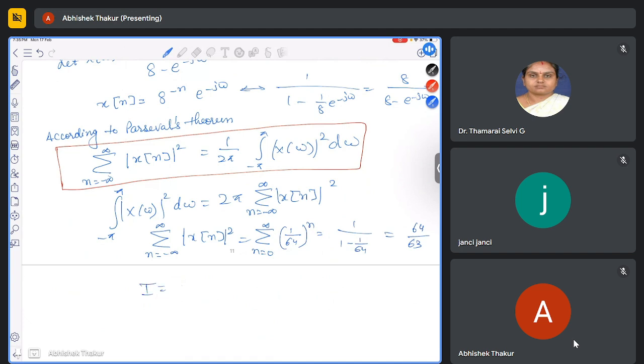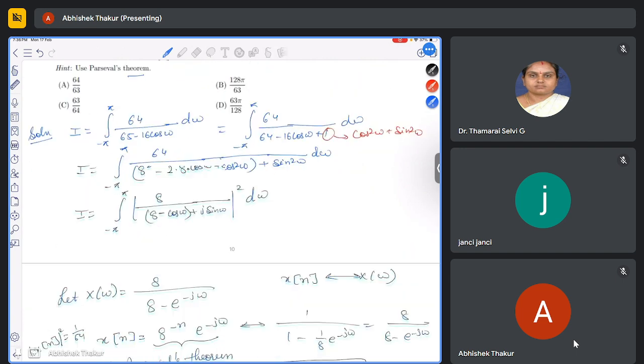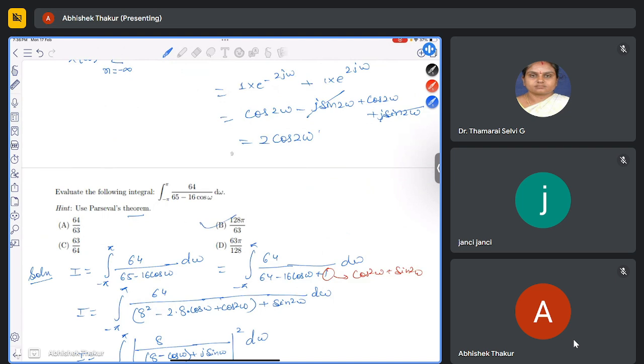So basically I will be 2 pi into 64 by 63, because the magnitude of xn square will be 1 by 64, because 8 to the power of minus n. So this will be 128 pi by 63. So the correct answer is option number B.